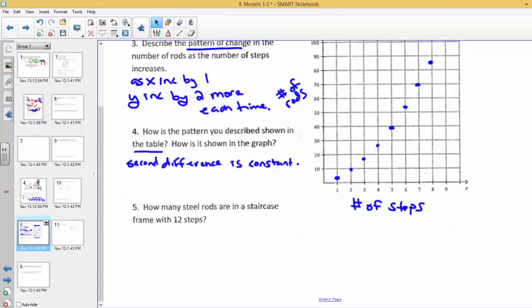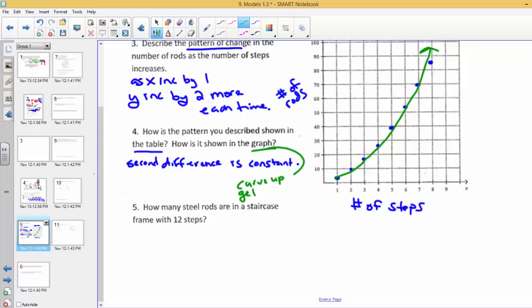And in the graph, this distance is a little more and a little more and a little more and a little more. So the graph, it's showing a curve up. Getting steeper and steeper.